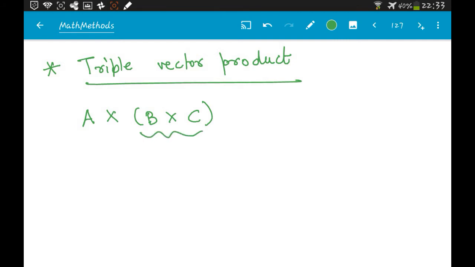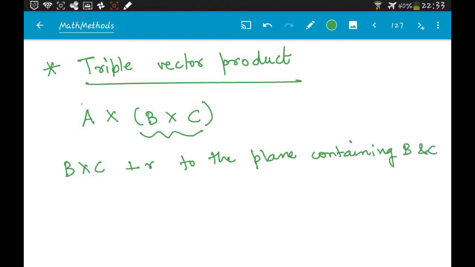So B cross C is a vector which is perpendicular to the plane that contains B and C. Right? So let's write it down. B cross C is perpendicular to the plane containing B and C. Right? These are vectors, so please remember that these are vectors.